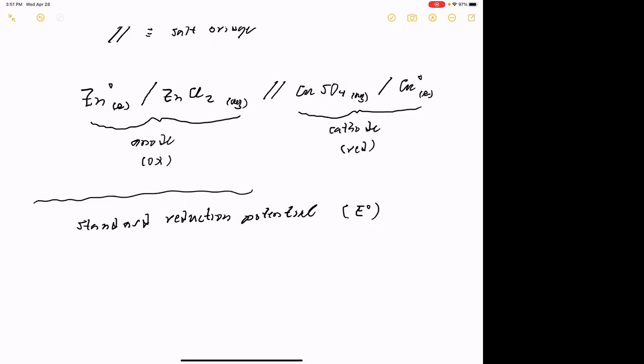Now, here's why we need to know about this stuff. First of all, here's the question we could pose. Could we predict if a given cell reaction as we write it is spontaneous or not?